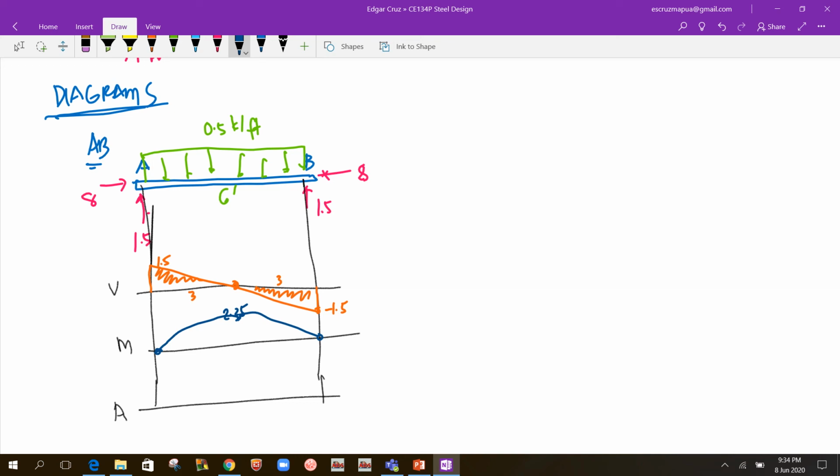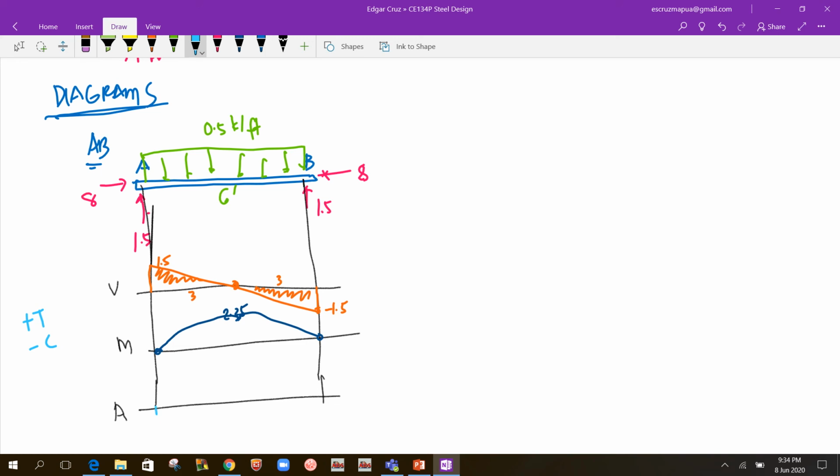Now how about the axial diagram? For the axial diagram, we just have to take into consideration that tension is positive and compression is negative. As you can see, our 8 kips here is compression, so the diagram is negative.